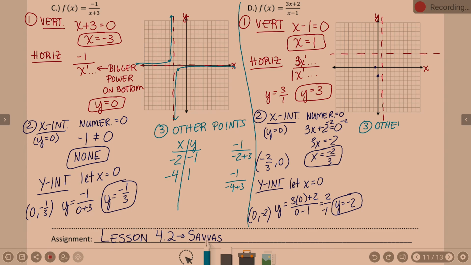If we check a couple of extra points. What kind of extra points did you check? Or are you checking? 0, 2. So looking at what's on either side of my vertical asymptote, which is 1, yes? Now, like I said earlier then, 0 and 2.